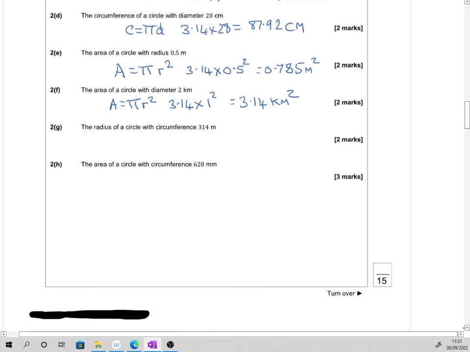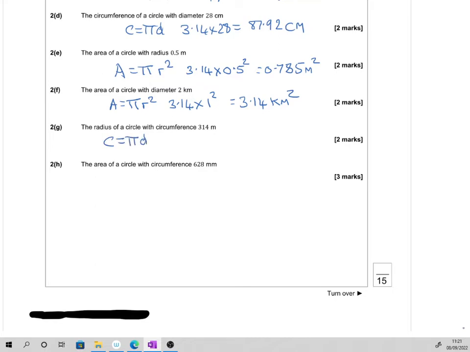The radius of a circle with a circumference of 314. Right, okay, so circumference equals pi d. So we know the circumference: 314 equals 3.14 times d.